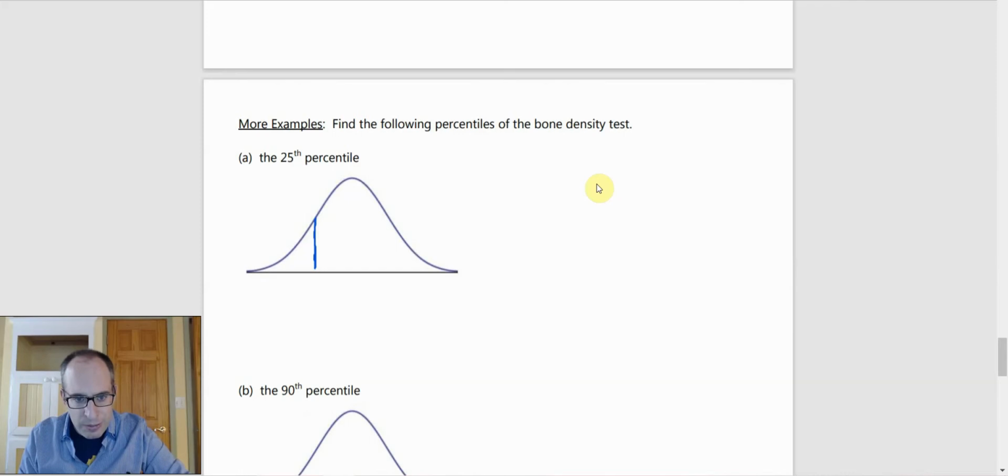Where then, if this is z, the thing that we're trying to solve for, and then back here we've got 0.25 in that part of the curve. I think this would look better if I shaded that in.